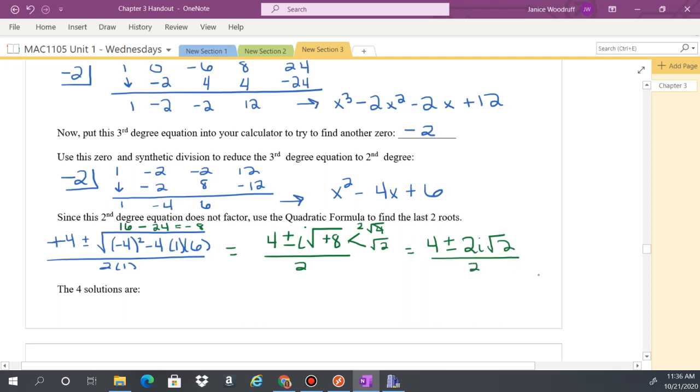And then when you're reducing, you can't reduce the 2 in the radical, so you treat that one separately, but you could do 4 divided by 2 would be 2, and 2 divided by 2 would be 1. So then you've got 2 plus or minus i radical 2. And then your other 2 zeros are negative 2, with a multiplicity of 2.